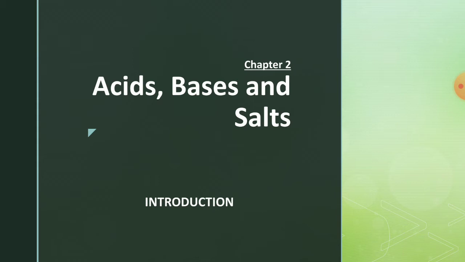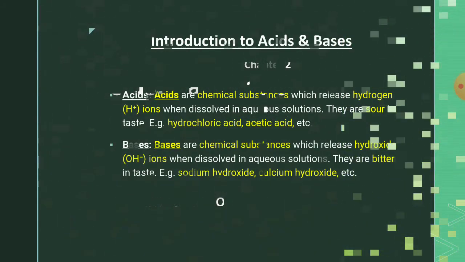When they satisfy the specific character with specific properties, then we can categorize them as acids, bases and salts. Let us know what is called an acid, what is called a base, and what is the definition of acid and base.